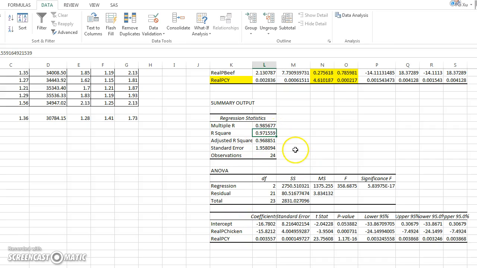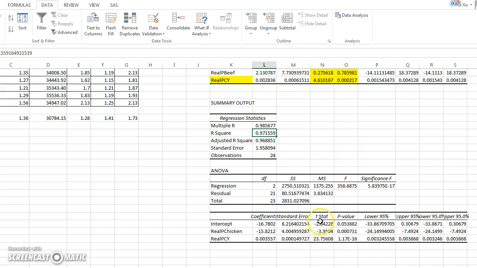But if you want to double check, you can still go to the F and significance of F. Those statistics are significant. But because it is above 80% of an R square, I'm not going to go check the F and significance of F because it's good enough. I'm confident my model is valid.